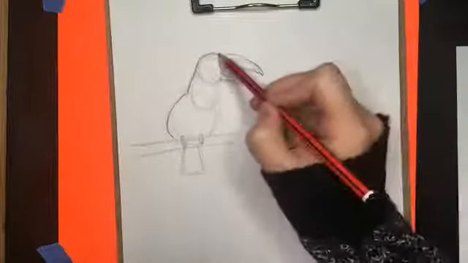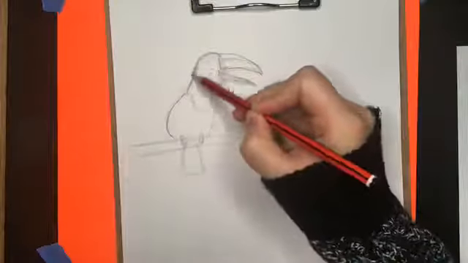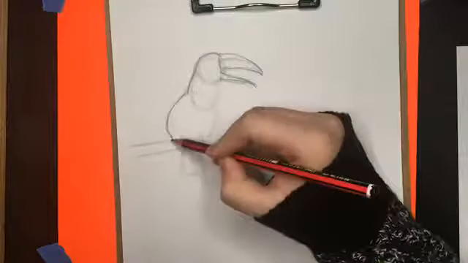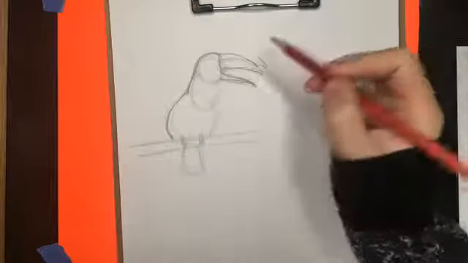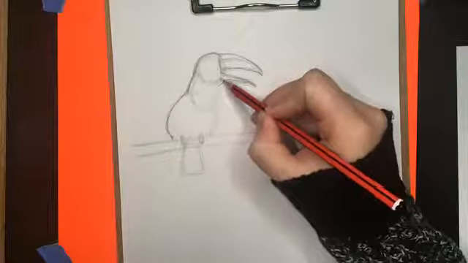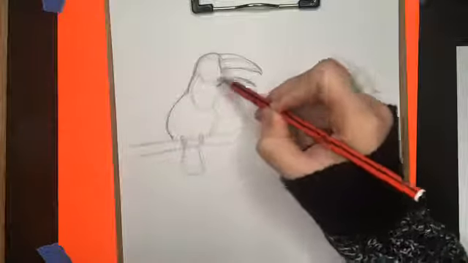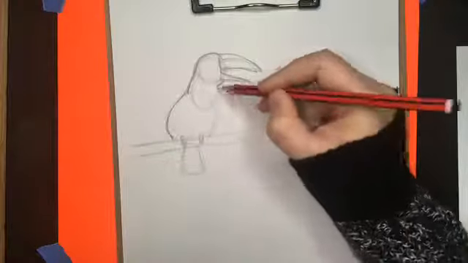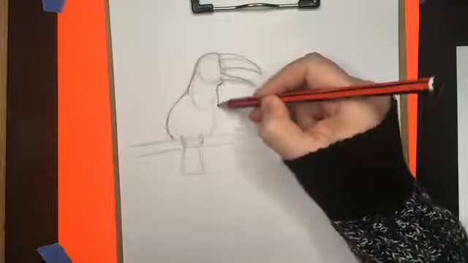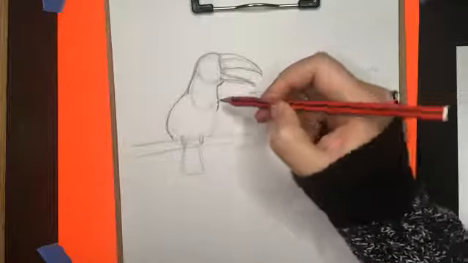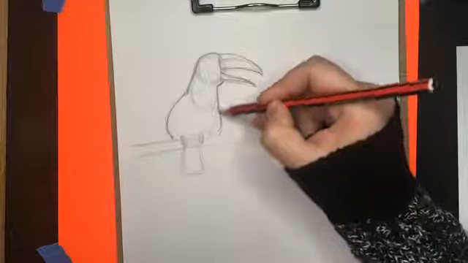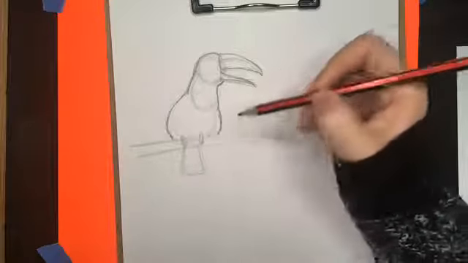And then I'm just starting to go around the basic shapes here. I'm stopping where there's a branch. And on the other side here, the chin, I don't know if it's called the chin of the bird, and neck area here. And actually I'm going to make his body a little bit fatter this way, so it looks like he's sitting properly.